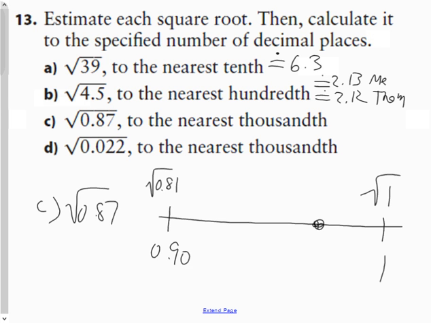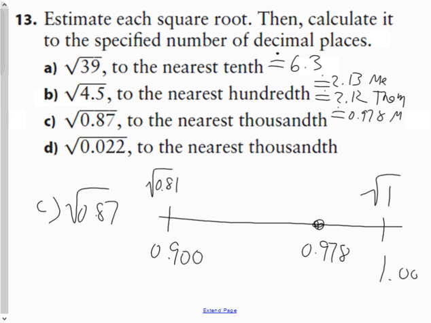If I add a couple insignificant zeros, because I need to go to the nearest thousandth, it's probably 0.978. Let's just make up some kind of number. So my estimation is 0.978.